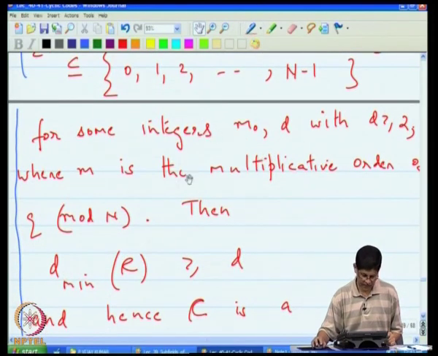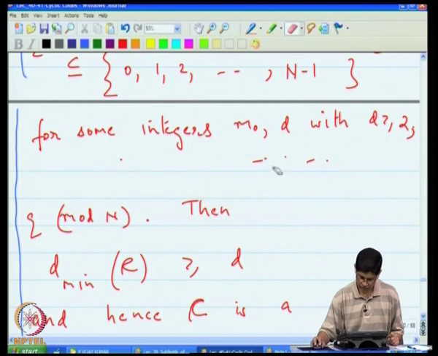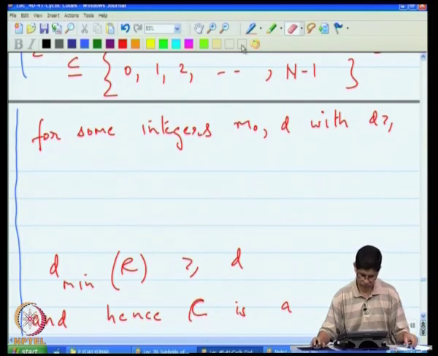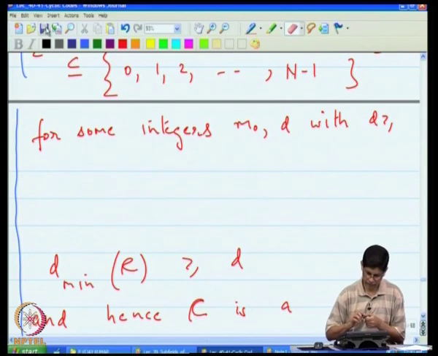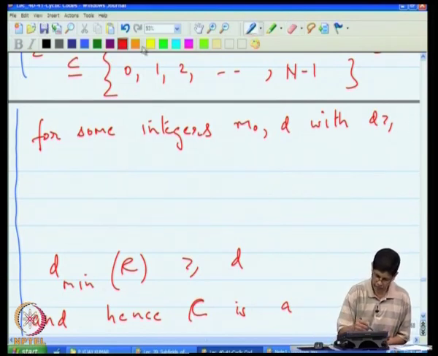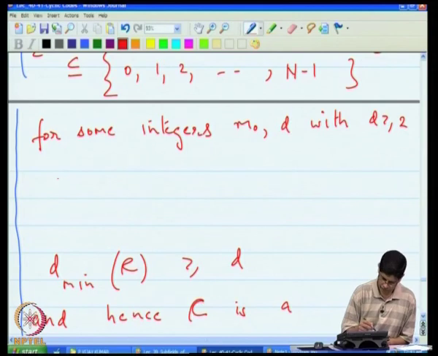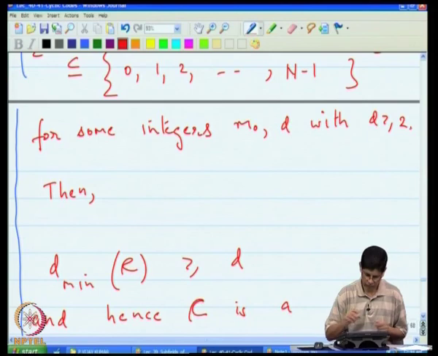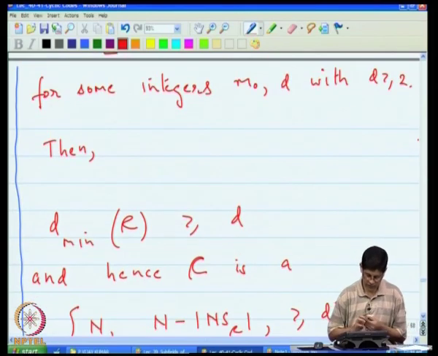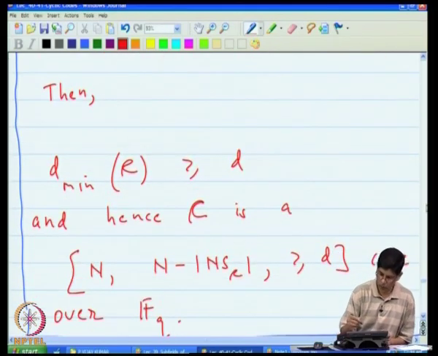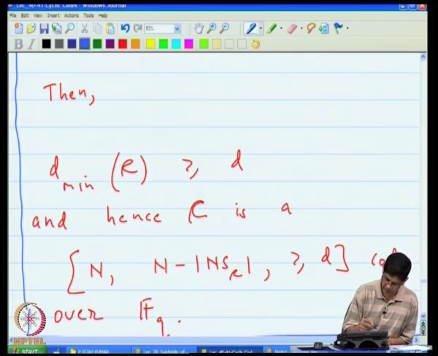It says here that m is the multiplicative order of q mod n, but since that does not appear in the theorem now, I am just going to delete that. So, the assertion of the theorem is that the minimum distance of the code is in this case greater than or equal to d.